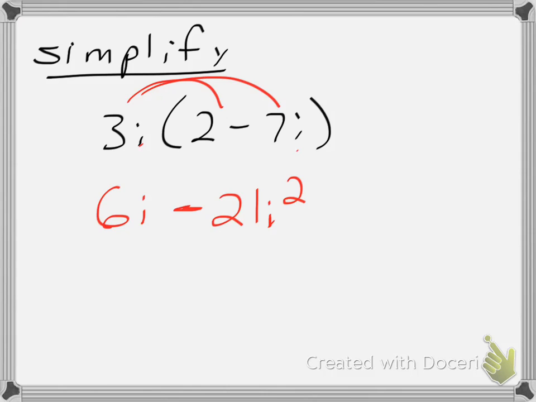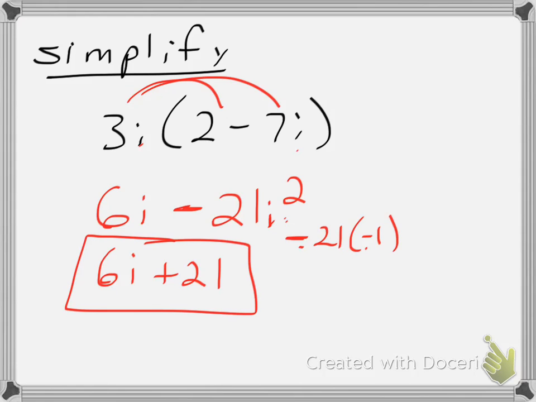Now 6i remains 6i. I have nothing else I can combine it with. However, my i squared makes this minus 21 times a negative 1. Negative negative makes this a positive 21. Now here, 6i and 21 are not like terms, so this is my final answer. I can't combine it any further.